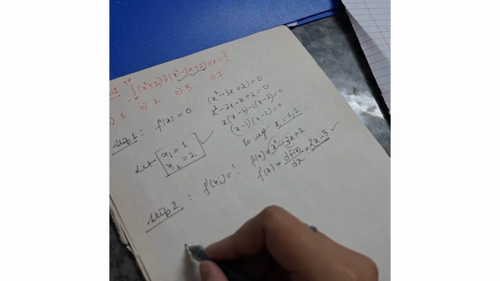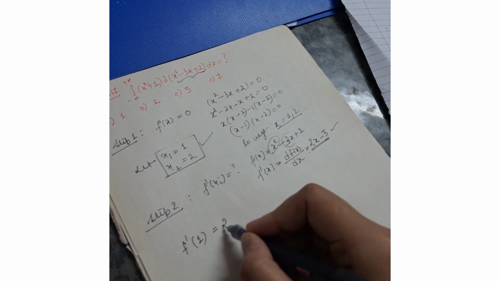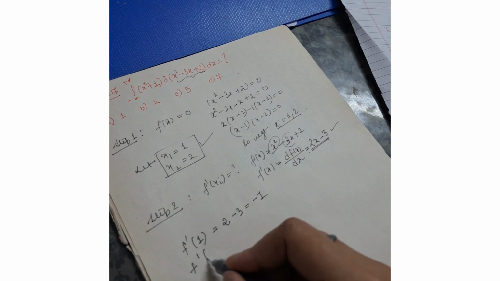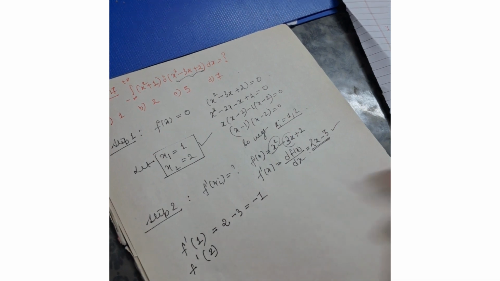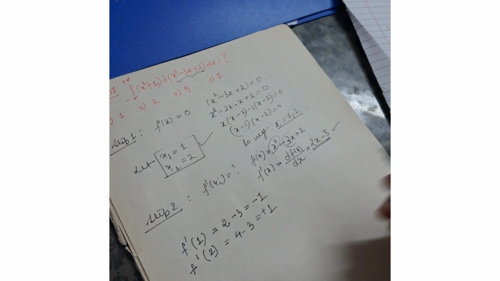Now let us put the values. f dash(1) is equal to 2 minus 3 equals minus 1, and f dash(2) is equal to 4 minus 3 equals plus 1.